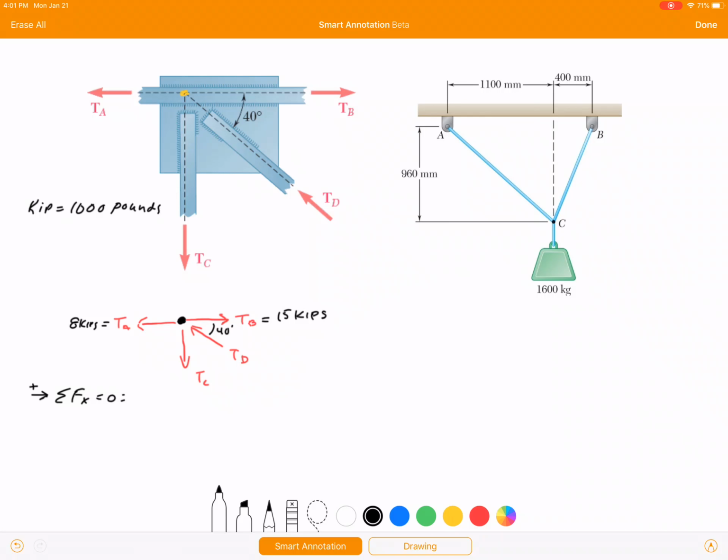So we're summing our forces. We have TA here in a negative direction, and that is 8 kips, so negative 8 kips. We have TB in a positive 15 kips. We add that.